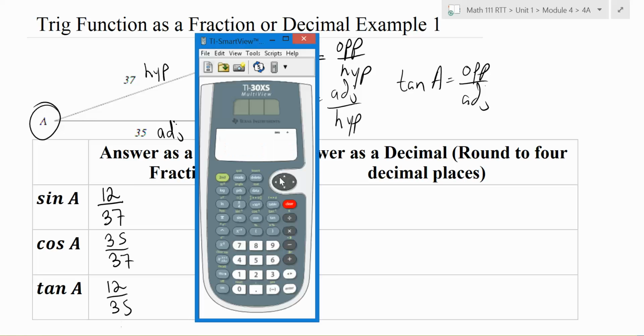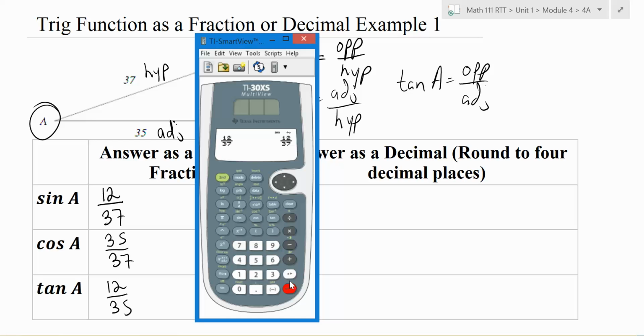So let's go ahead and get our calculator out now. And let's start off by hitting the fraction button and let's type in 12/37. If this simplifies any further as a fraction, when I hit enter, it's going to simplify automatically for me.